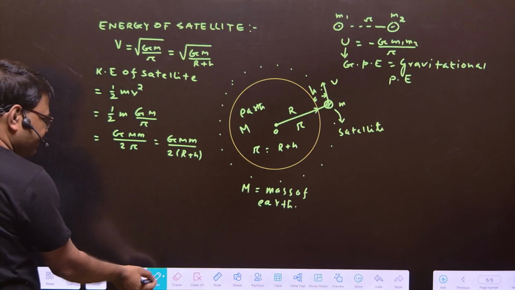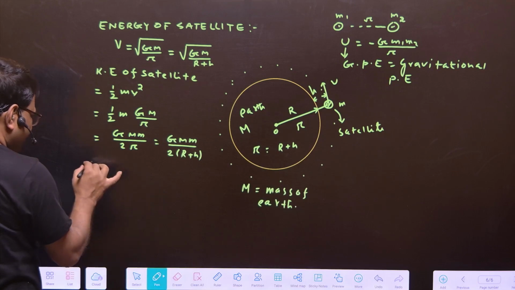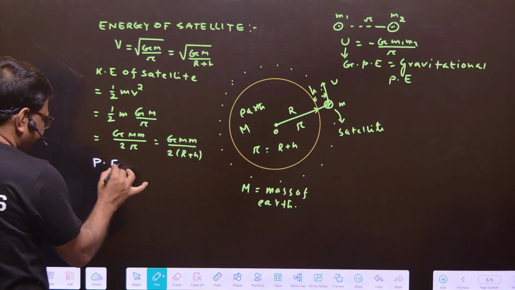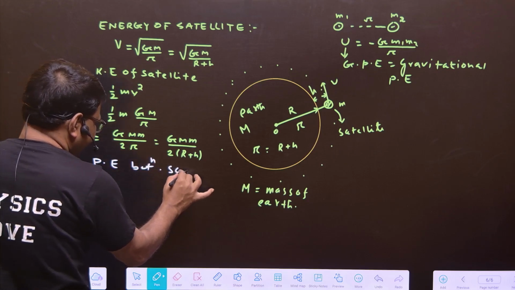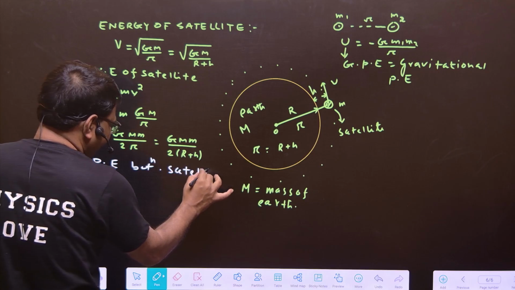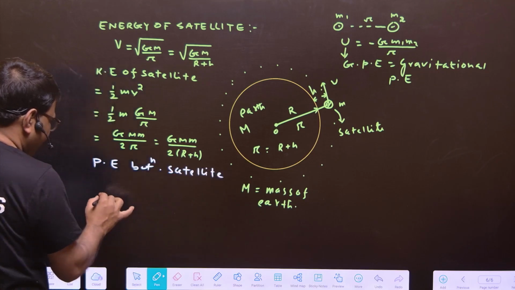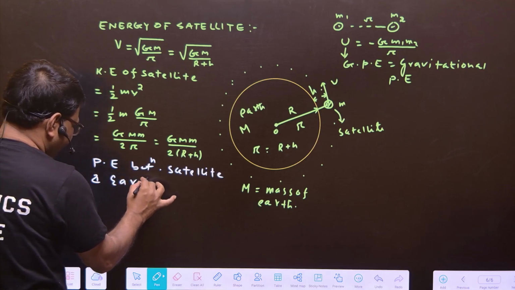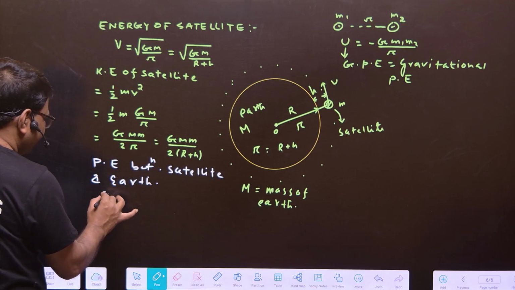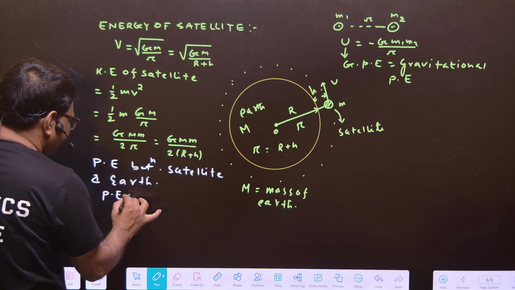Potential energy between the satellite and Earth. Okay, what will be this potential energy, or U?